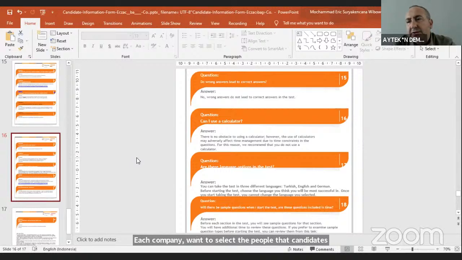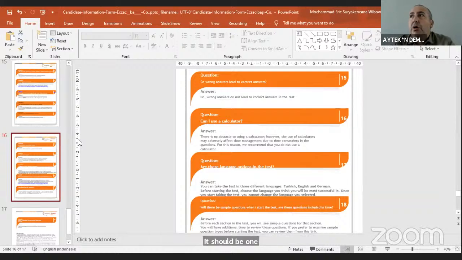For example, if it's a technology company, they probably want to select a person qualified in technology. Or if it is a chemistry company, they would want a person more qualified in chemistry. So this question has not only one type of answer.